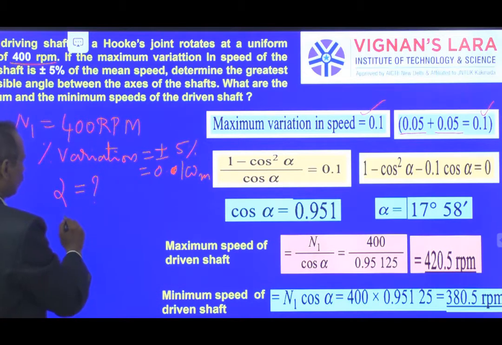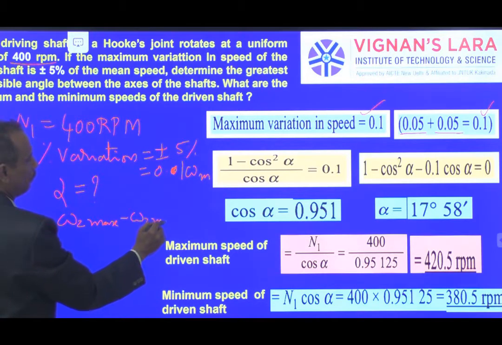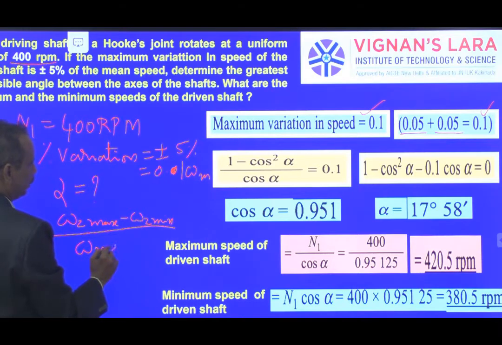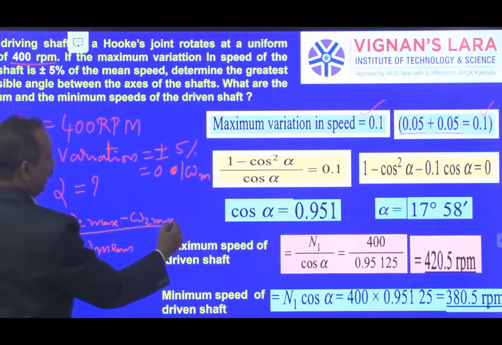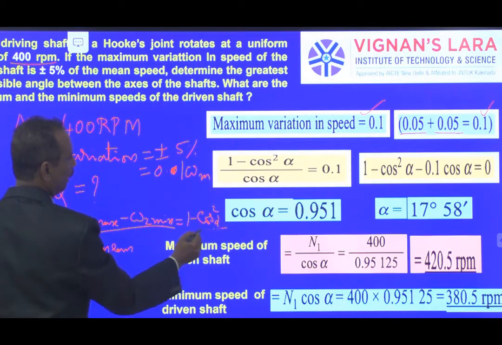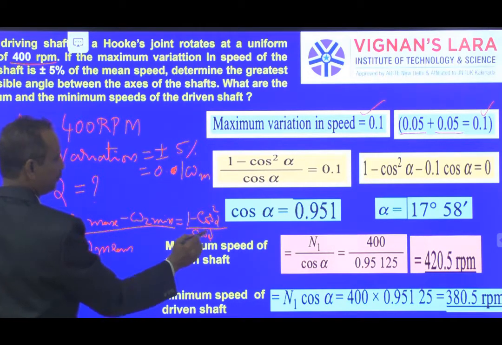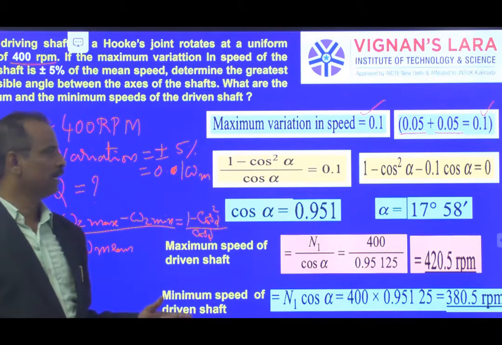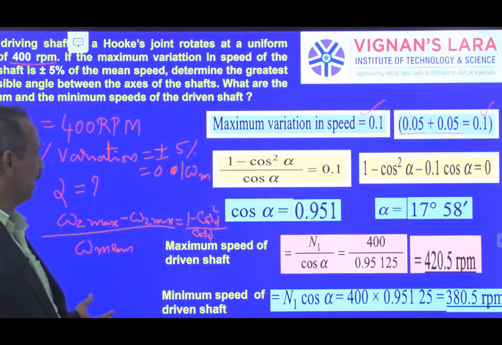So just now we have seen that W2 max minus W2 minimum by W mean is given by the equation 1 minus cos square alpha by cos alpha. With this equation we solved one problem earlier.